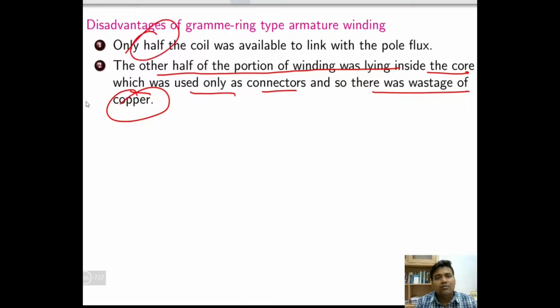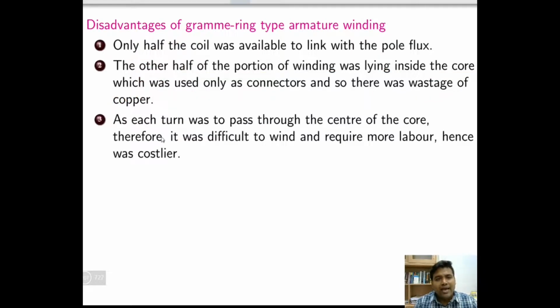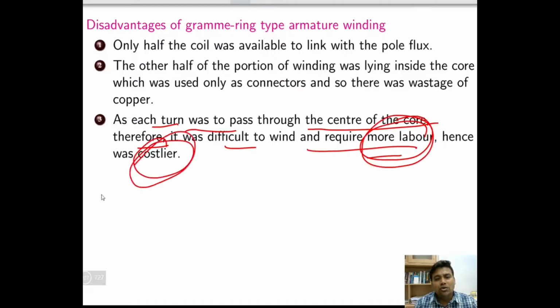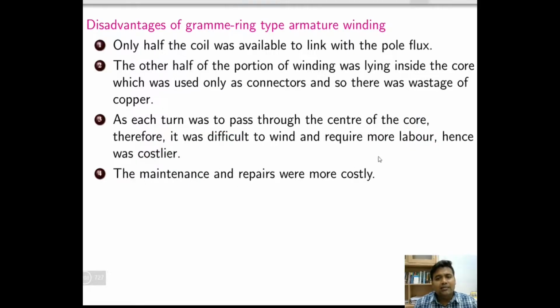As each turn had to pass through the center of the core, it was difficult to wind and required more labor, which was again costlier. Maintenance and repairs are also costly.